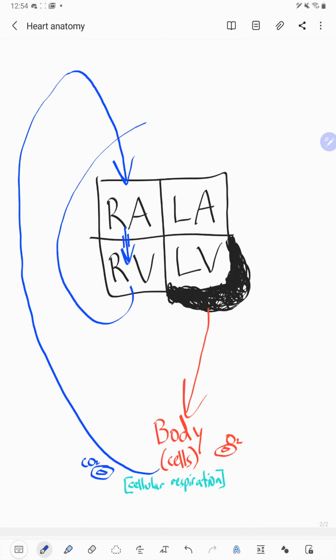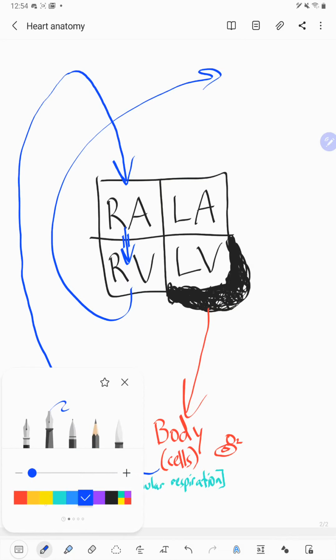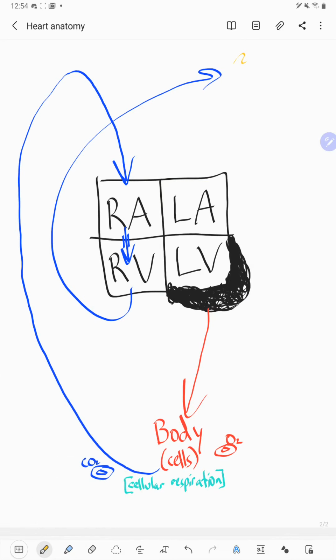It's going to go through pulmonary arteries and into the lungs. So let's draw that way up here. We'll do the lungs in orange, because everybody knows lungs are orange. Not really.